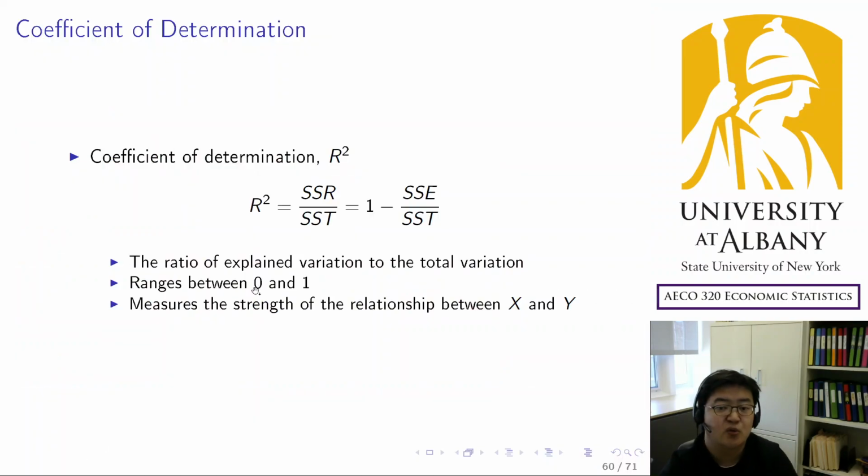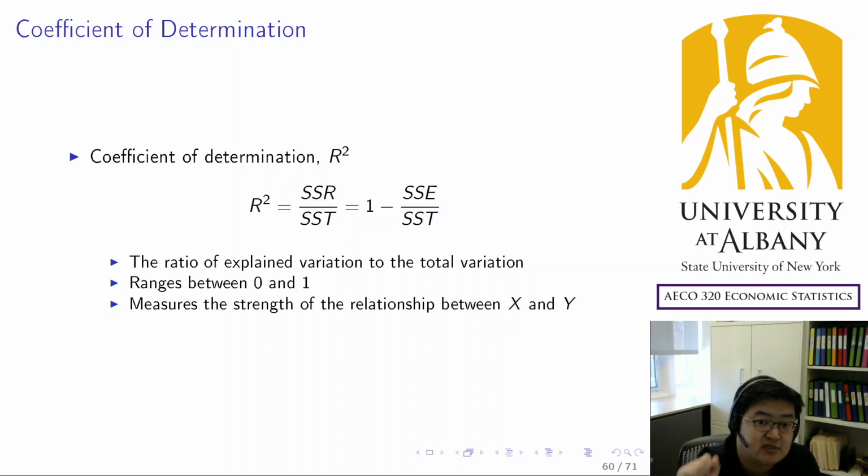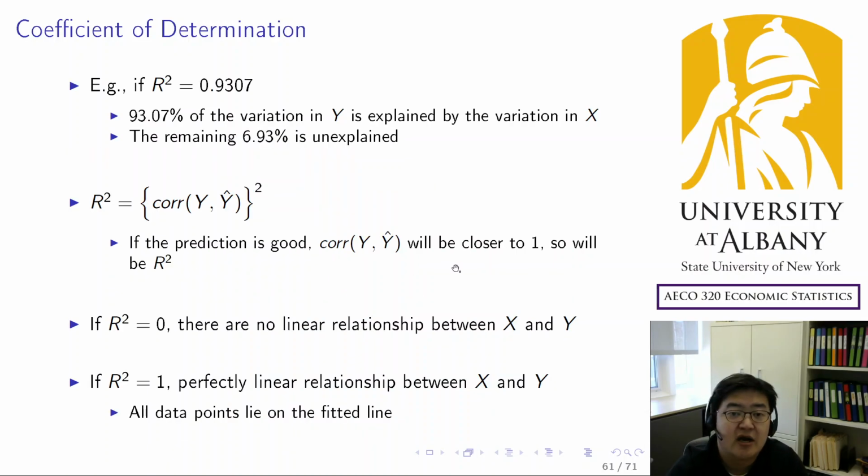If the ratio is close to 1 or 100%, then you are explaining almost everything. But if it's 0, that means you cannot explain anything. So this measures the strength of the relationship, how much you explain or how small your residual is. The larger the R square is, the stronger the relationship is, and the smaller the residual is.